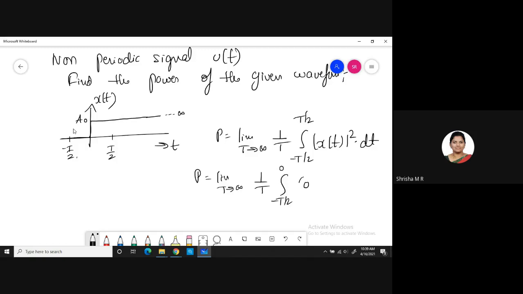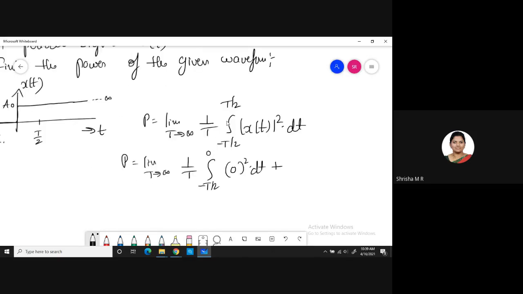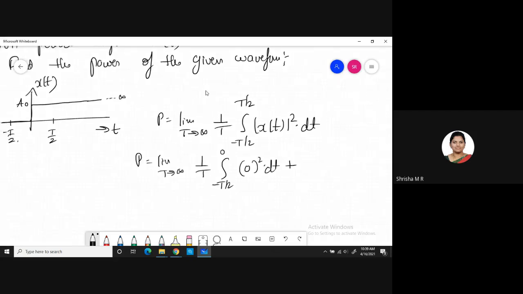So I have 0 square into dt, plus from 0 to T by 2, my amplitude is A naught, so A naught square into dt.